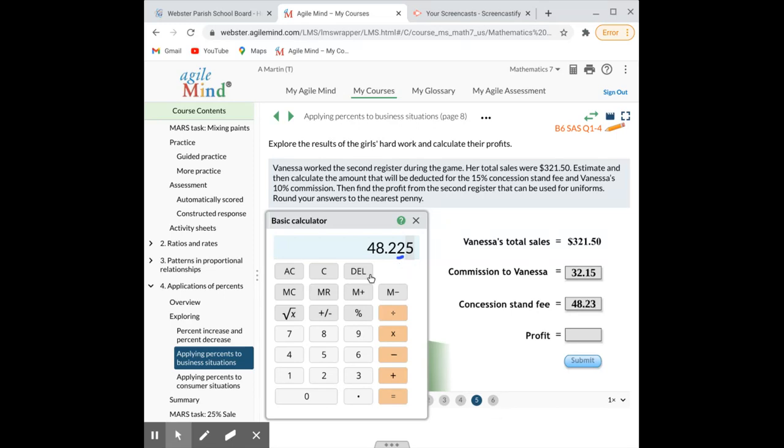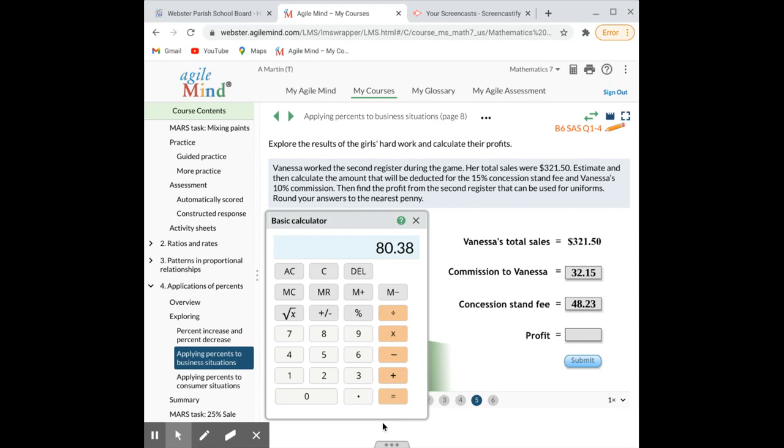All right, and then Miss Rachel was going to help us out with this last part, trying to determine the profit that Miss Vanessa made. So what would you do, Miss Rachel? You would add the commission and the concession, which is 48 point plus 32.15, and then I got 80.38. Okay.